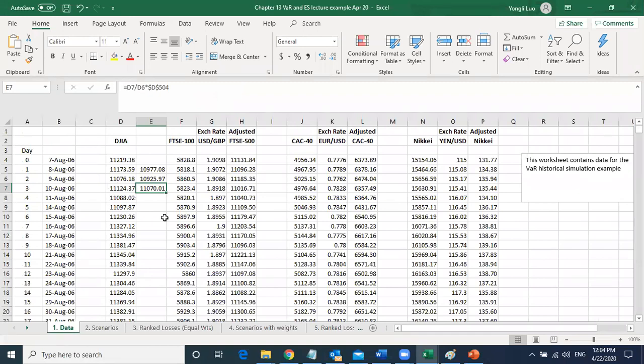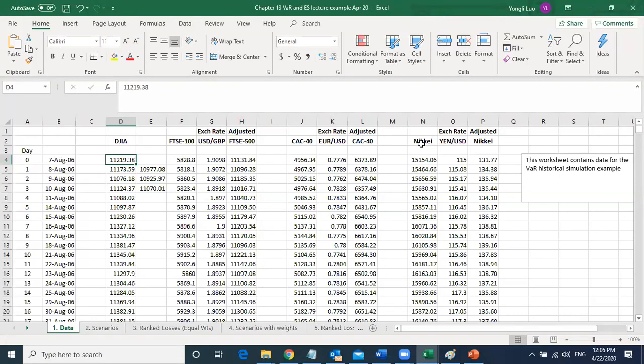Remember, we have 4 different indices: the Dow Jones Industrial Average Index from the U.S., the FTSE from London, the CAC 40 from Paris, France, and also the Nikkei from Japan.